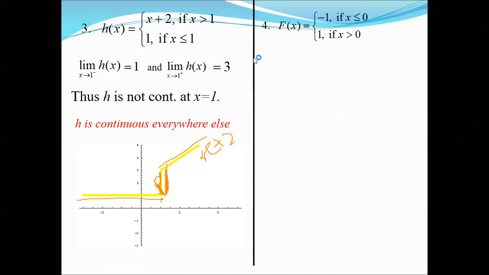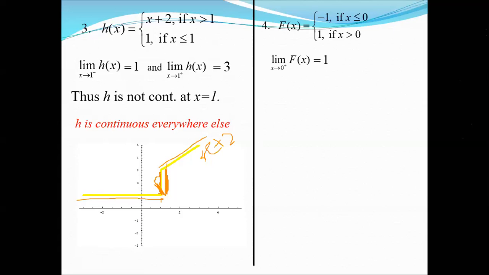f of x is equal to minus 1 and 1. For x less than or equal to 0, its value is minus 1, and for x greater than 0, its value is plus 1. Now, for the right hand limit, that is whenever x is greater than 0, from the right hand side of 0 the value of function is 1, so its limit is 1.